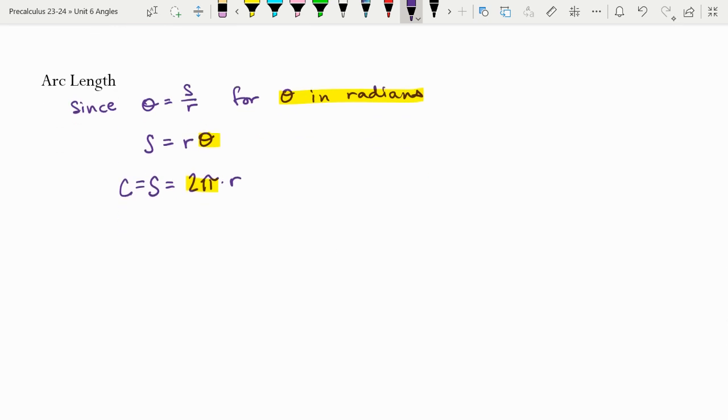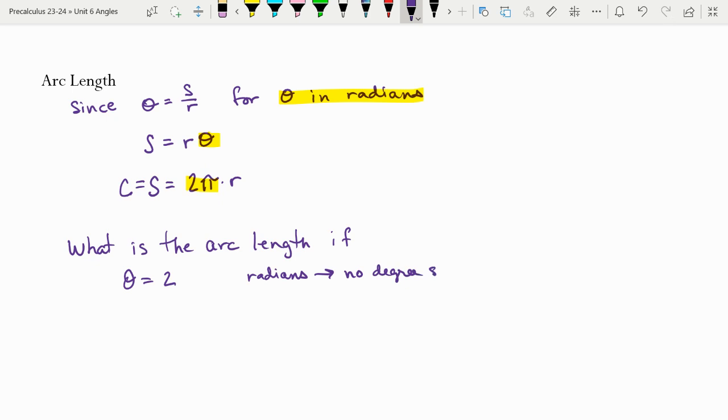Okay, so what is arc length if I know that the angle is 2, and this angle is in radians? And why would I know that this angle is in radians? Well, I know that it is in radians because there is no degree symbol. So if I told you this was 2 degrees, I would have to have a degree symbol for that.